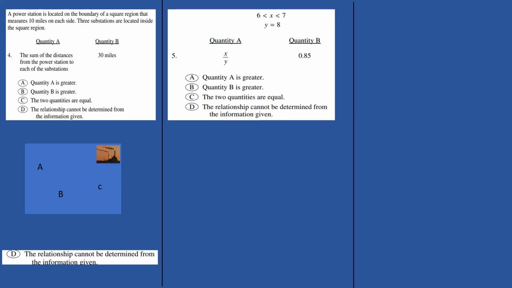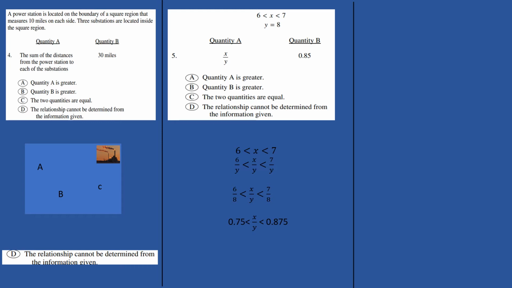If 6 is less than x less than 7 and y is 8, we can divide throughout by y, and we'll get 6 by y is less than x by y less than 7 by y, but y is 8. So 6/8 is less than x by y less than 7/8. 6/8 is 0.75, 7/8 is 0.875.